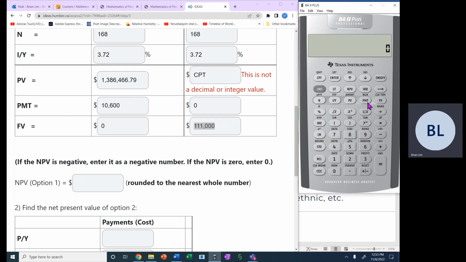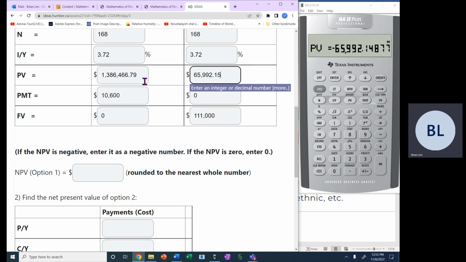So 0 must go in for the payment, and the 111,000 for the future value. And then we compute the present value. And that number turns out to be 65,992.15. Okay, now we have to get the net present value, all right, for option number one.